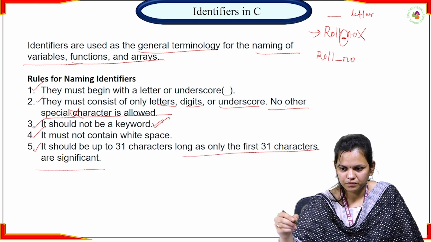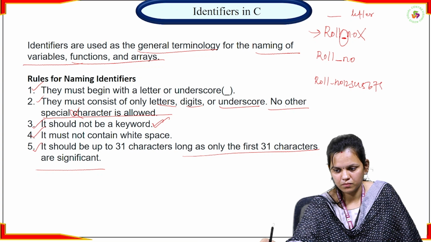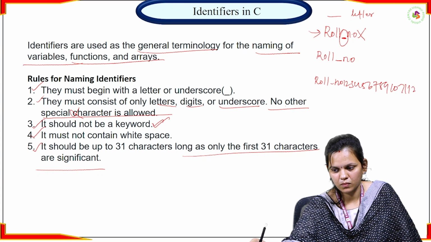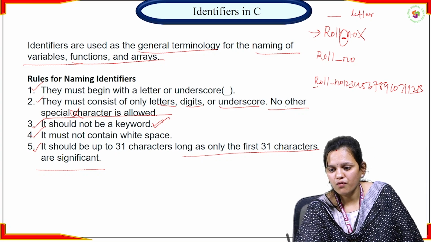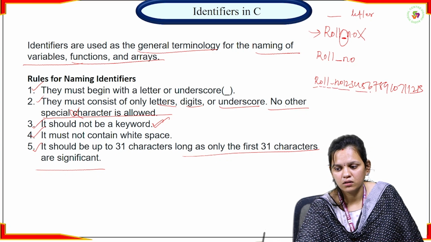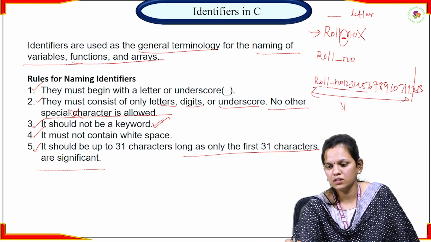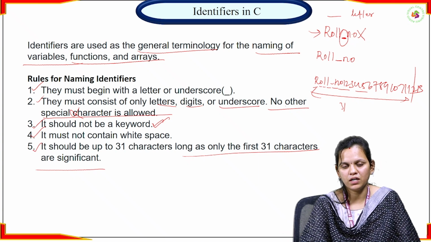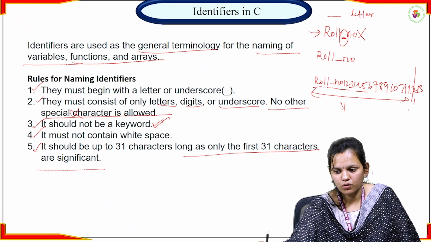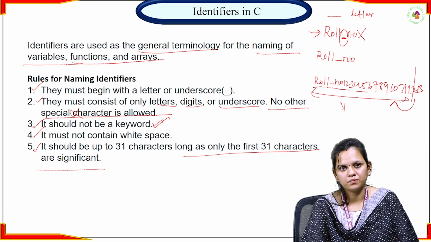If this is my variable name or identifier name, and it goes beyond 31 characters, only the first 31 characters will be significant, and the later ones will not be considered as a part of this identifier.